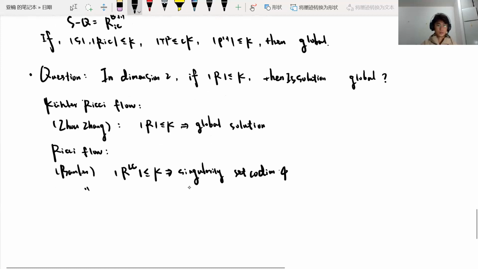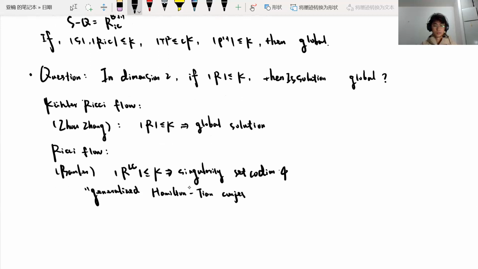Yeah, this is generalized Hamilton conjecture. So I hope that in dimension 2, since here this is a flow of complex geometry, maybe we do not have any singularity.